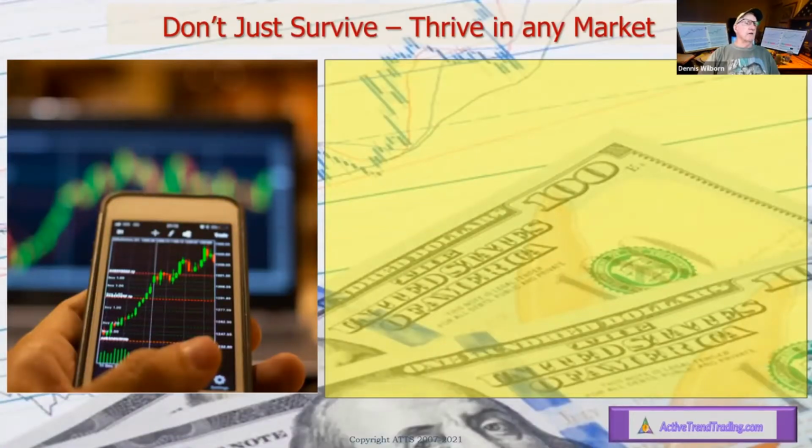Don't just survive, but thrive in any market. That's what we're about. Basically, the market is in a corrective mode. However, just off the top of your head, without looking on anybody else's paper, how far is the S&P down from the high a couple of weeks ago to the low of the day? How far has it dropped? Steve, you can't answer that.